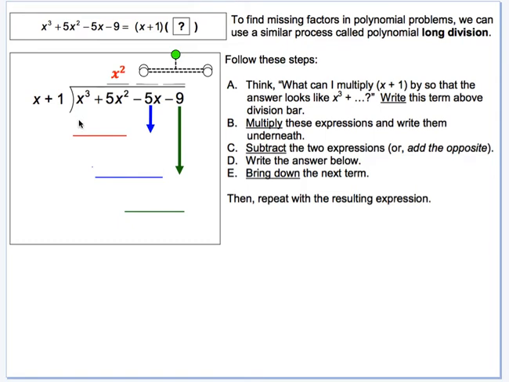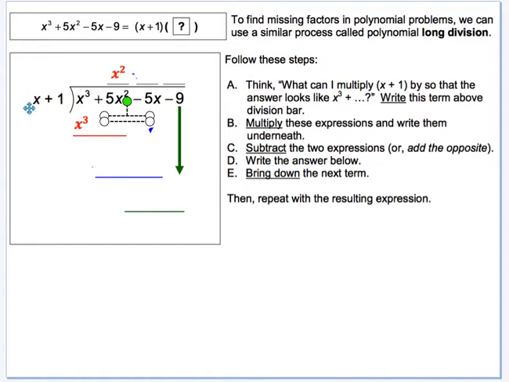Okay, so now your next step is to say, okay, we have x squared times x, we are going to get x cubed, okay? But because this is not just an x here, because you have x plus 1 here, you have to also say, okay, what's x squared times 1?